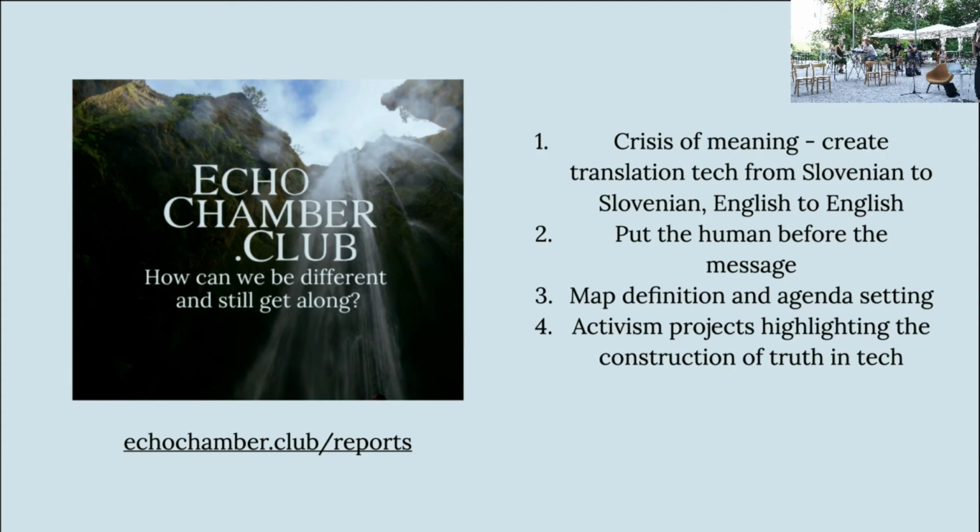I would also love to see some more maps of how different definitions and agendas change through time on particular topics. You can do it yourself, but it would be great to have some more research in this kind of field. One example I can think of: in the UK we are having a couple of problems with ISIS, and various different bombings and that kind of thing.